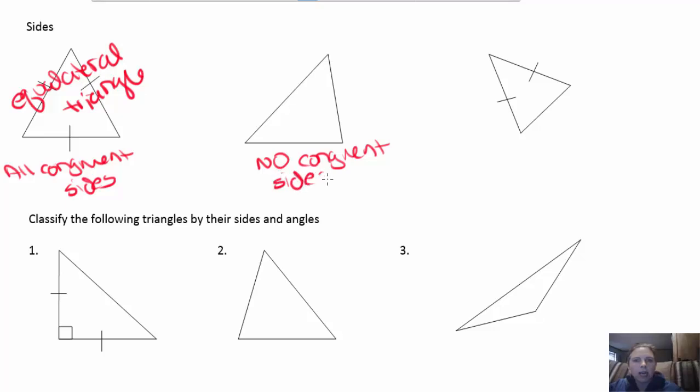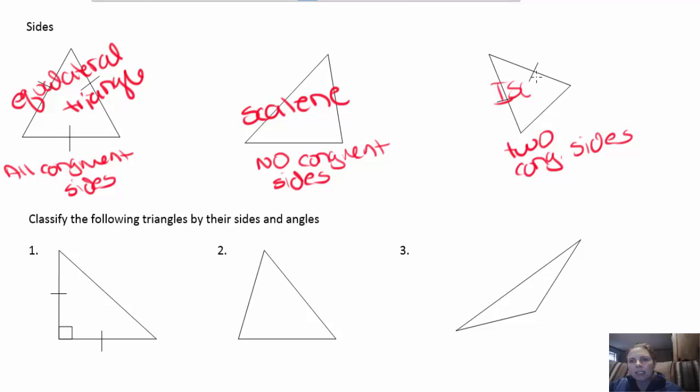No congruent sides means scalene. And 2 congruent sides is isosceles. That's what those 2 little notches are. They'll either be notches that are the same or it'll tell you the actual number.